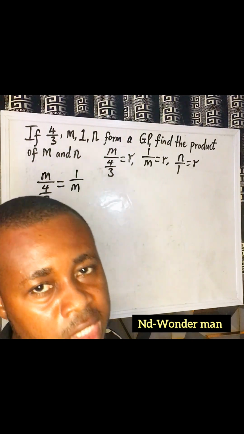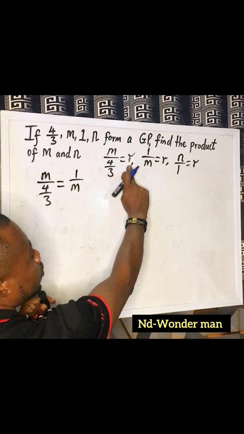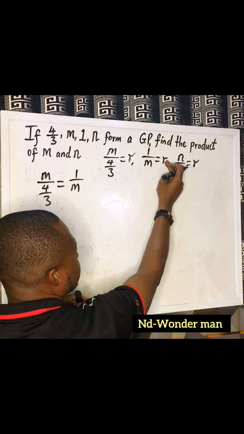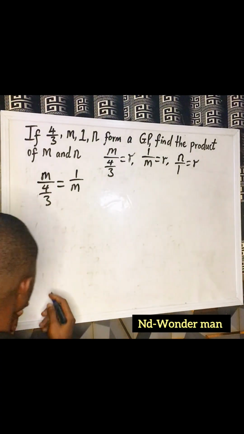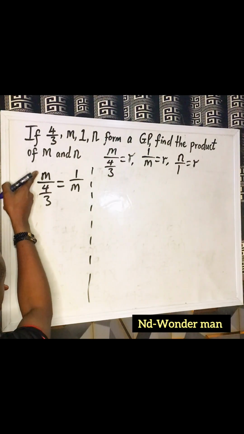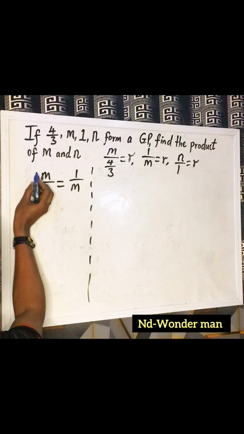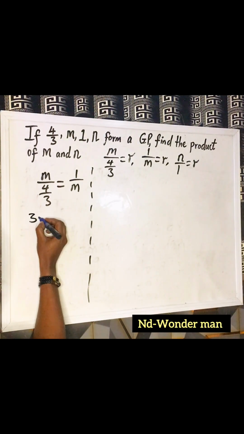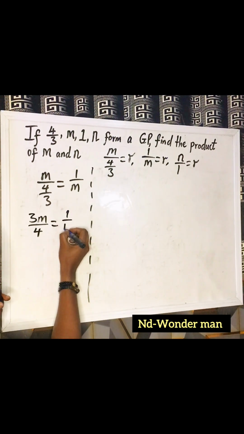Reason, I've explained it, they share the same common ratio. If m divided by 4 over 3 is giving you r, and 1 divided by m is giving you the same r, why don't you equate it? By so doing, what I'll have right now is, this is m divided by 4 over 3, right? In that case, 3 will multiply m, then we divide it by 4. That becomes 3m over 4, which is equal to 1 over m.